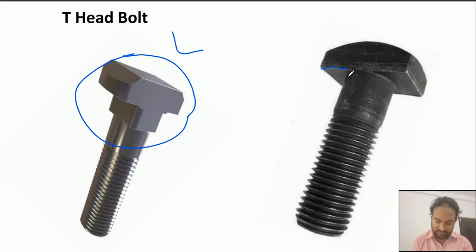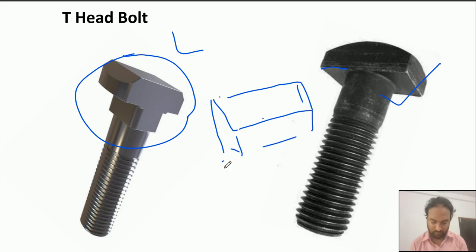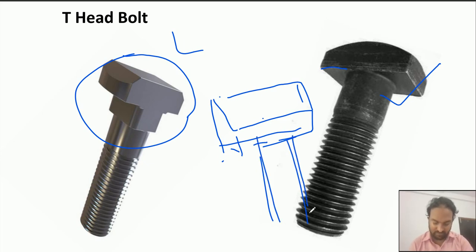So if this type of head is used, what type of hole will we cut? We will cut this type of hole first, a groove for some length, and then a circular hole will be there for the nut, this part and this part.